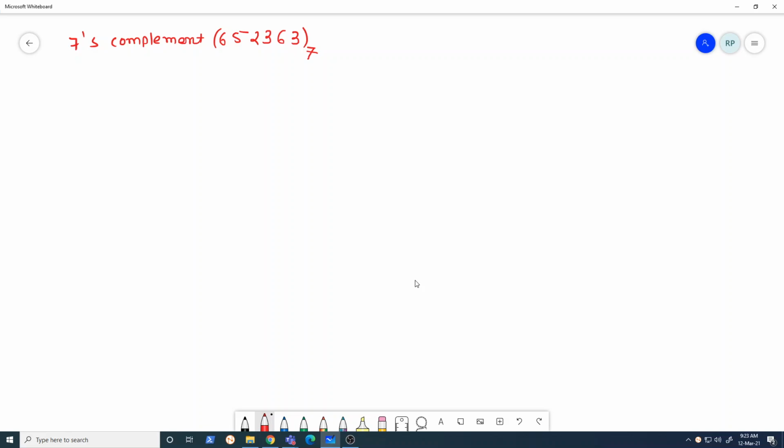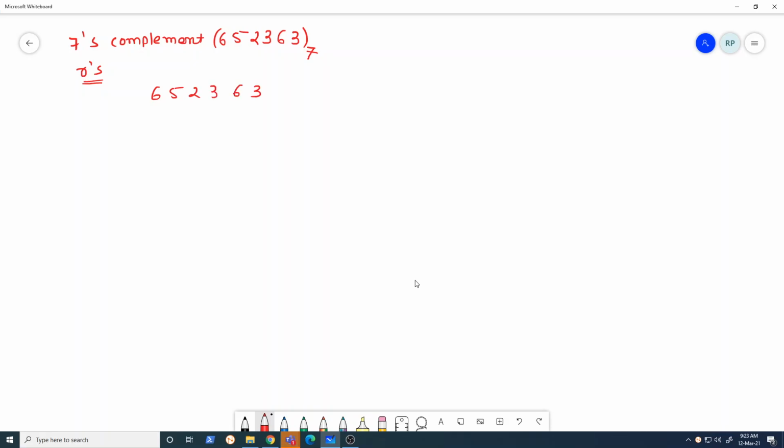For this number, we need the 7's complement, that is r's complement, right? If it were an octal number, base 8, then it would be the r minus 1's complement. Okay, so now, as this is the 7's complement, or r's complement, the general formula is: write that number as it is.